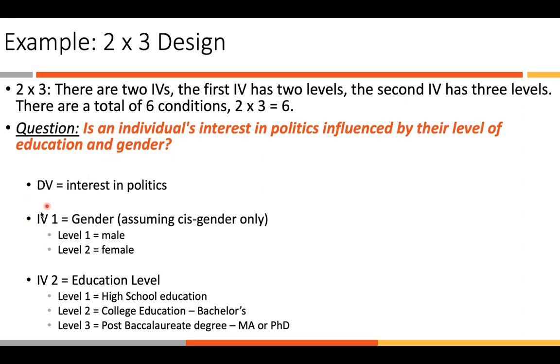So maybe gender is IV1, we've got male and female, and level of education is IV2. We've got 3 levels, because remember, this is a 2x3. So high school, college, and some kind of graduate degree.